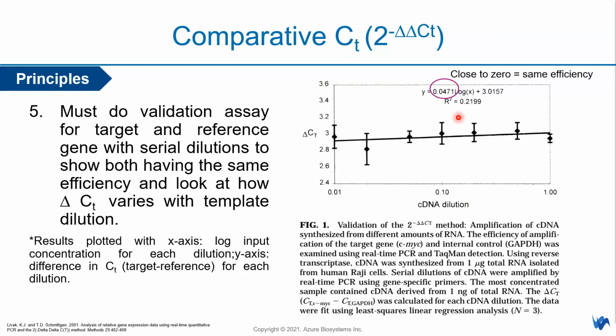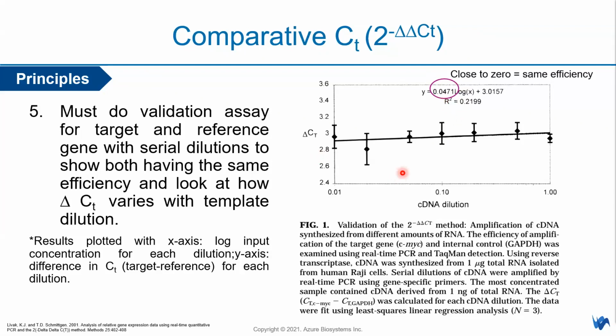How we see is the absolute value of the slope. We're looking at the slope over here. If the slope is less than 0.1 and close to 0, like this graph, which is 0.04, which is less than 0.1, the efficiencies between the target and the reference genes are similar.